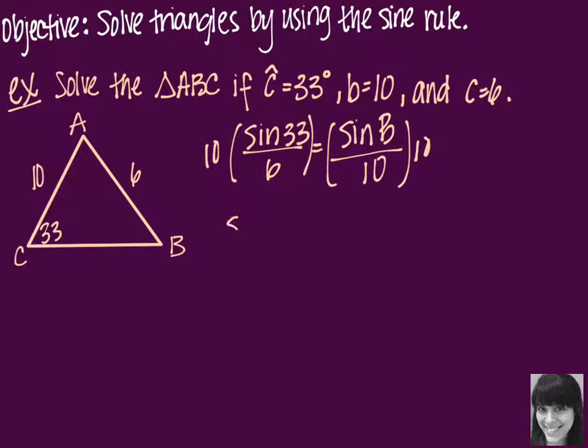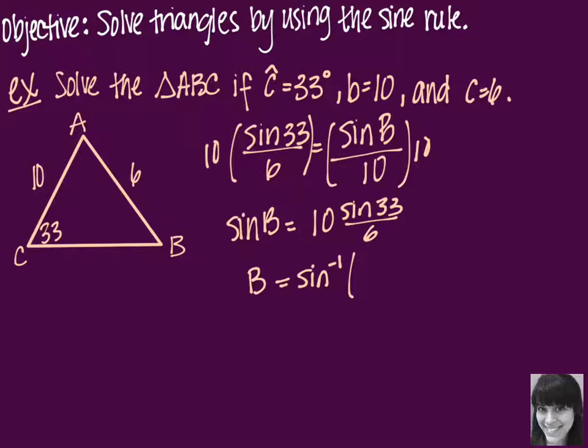And so you get sine of B equals 10 sine of 33 over 6. And then take the arc sine, or the inverse sine, on both sides, and you get B equals inverse sine of 10 sine of 33 over 6. And what you get out is B is 65.